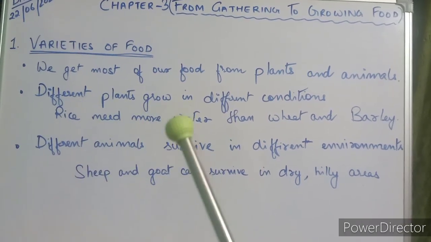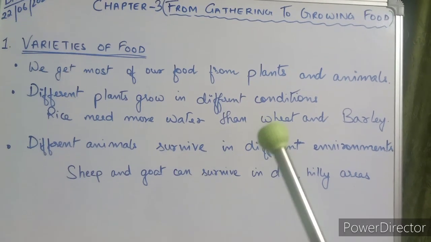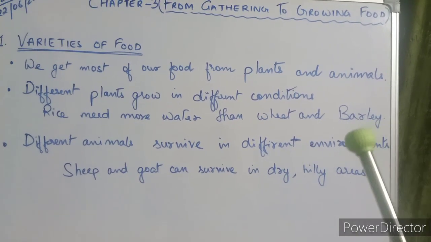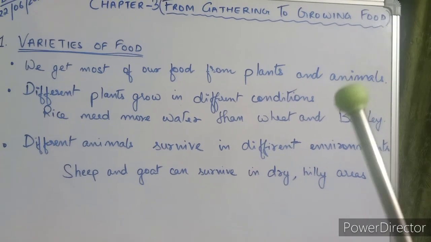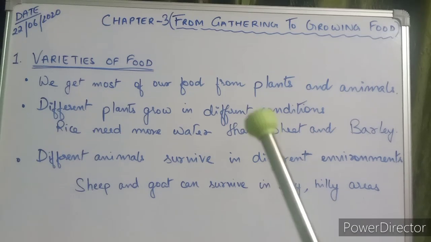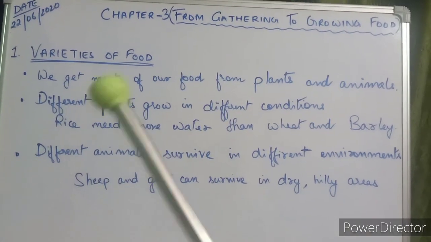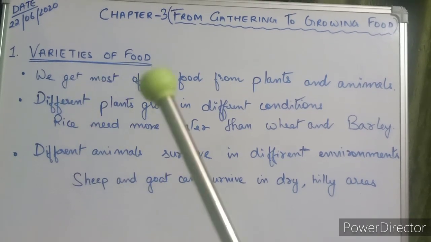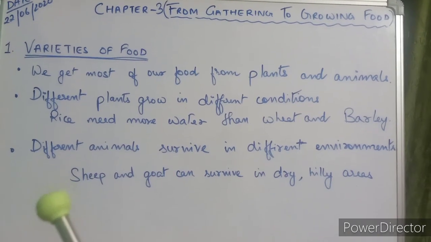Different plants grow in different conditions, like rice needs more water than wheat and barley, right? So each and every plant has different growing conditions, different requirements, right? Because they are different, their qualities are different, and their wants and requirements are also different.